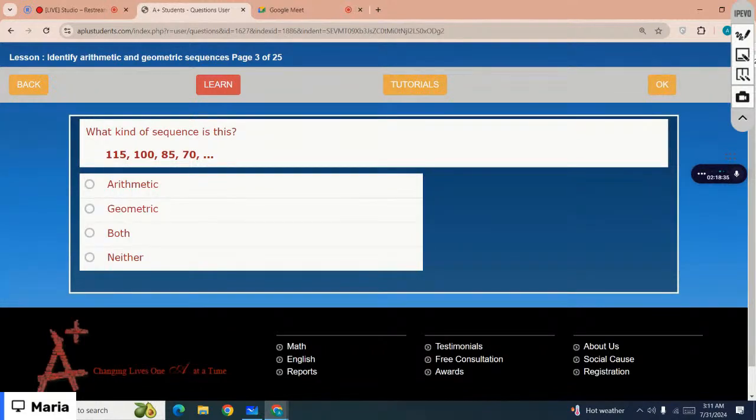Okay, the next one. What kind of sequence is this? 115, 100, 85, 70. Which is the correct option?